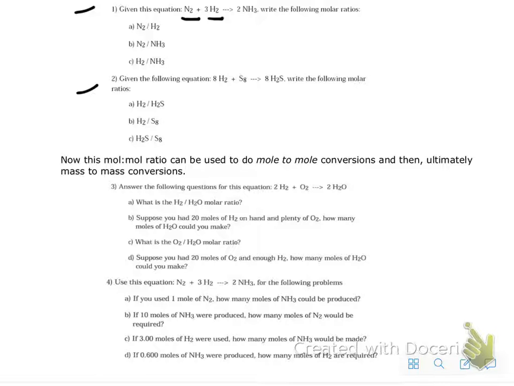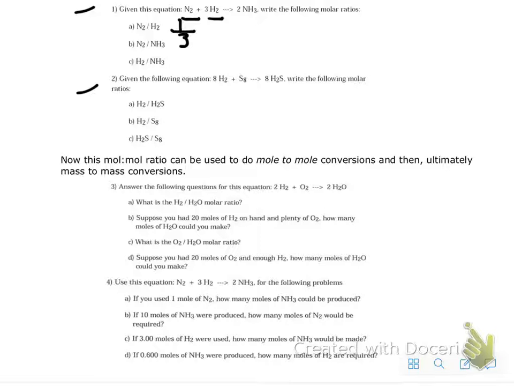So if you look at the coefficients, for nitrogen there is an understood 1 there, and then hydrogen has a coefficient of 3. So the ratio of those two reactants to each other in this balanced equation is 1 to 3. Okay, and we would write it like a fraction.